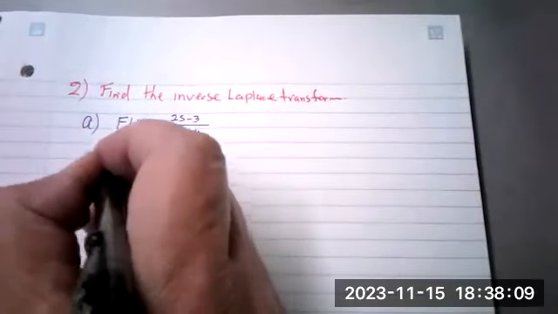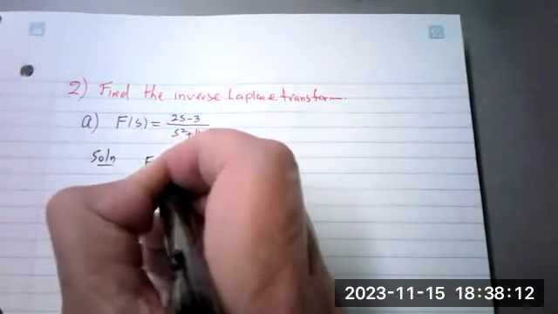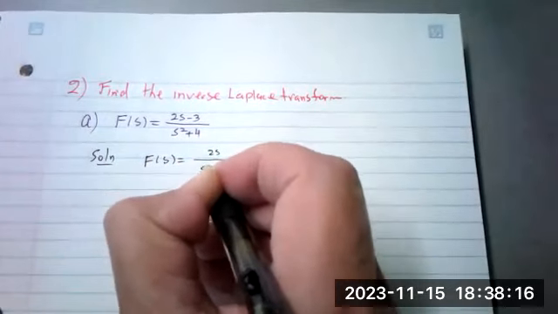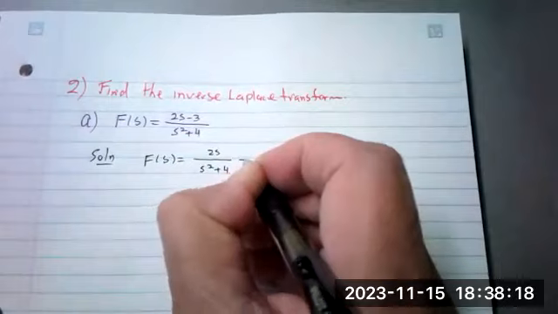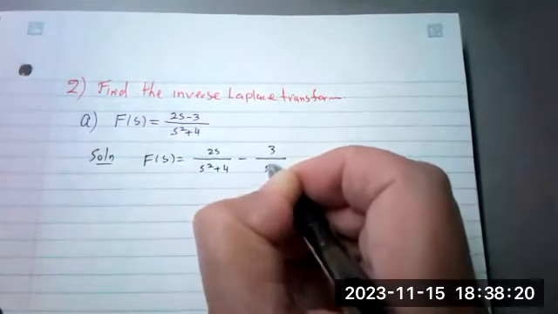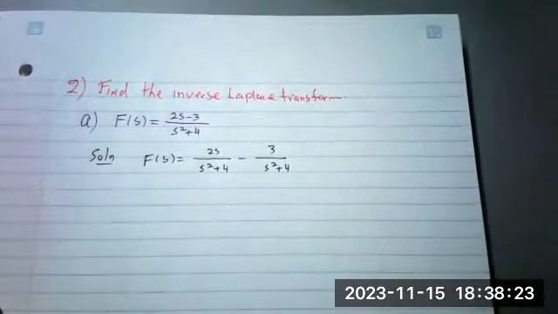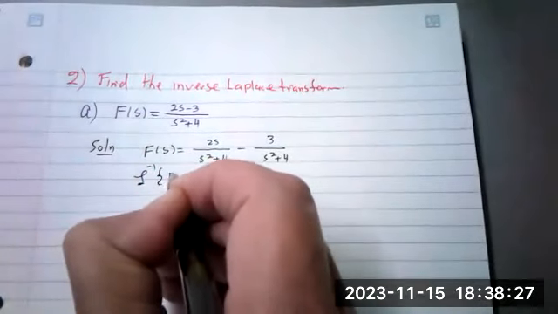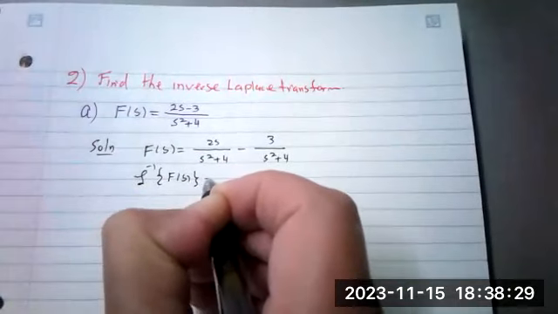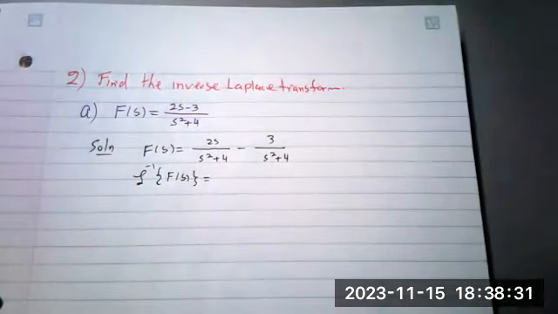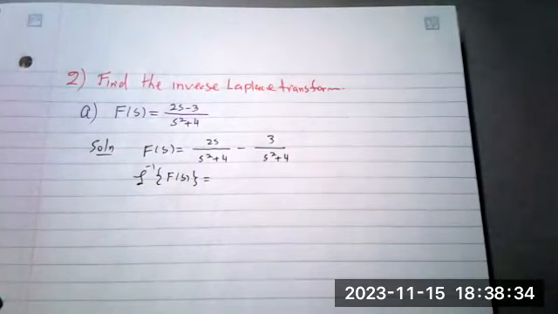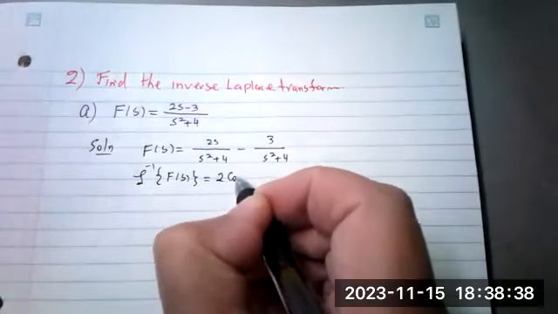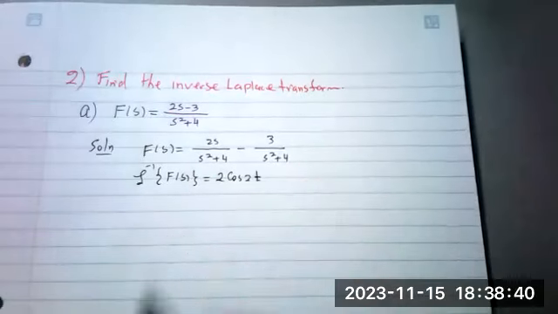So the solution: F of s is equal to 2s over (s squared plus 4) minus 3 over (s squared plus 4). The Laplace inverse is going to be equal to, the first one is the type of the cosine, s over s squared plus 4, so that gives you 2 cosine of 2t.